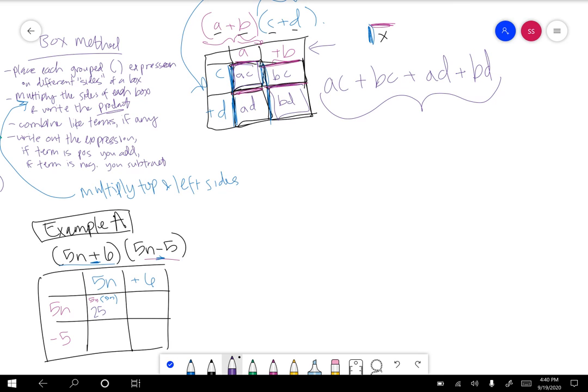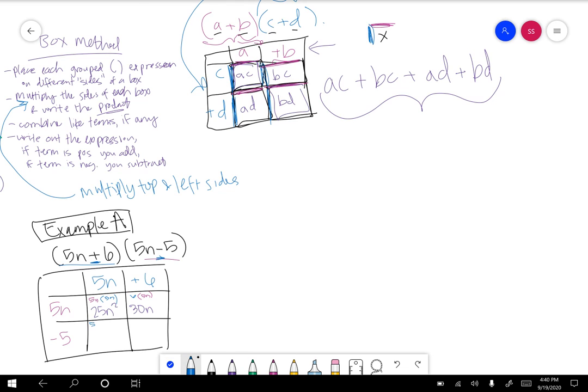And n times n would give us n squared. Next box, we have 6 times 5n. Now we multiply the coefficients first. So 6 times 5 would give us 30. And there's no other n, so it would stay n to the first power.